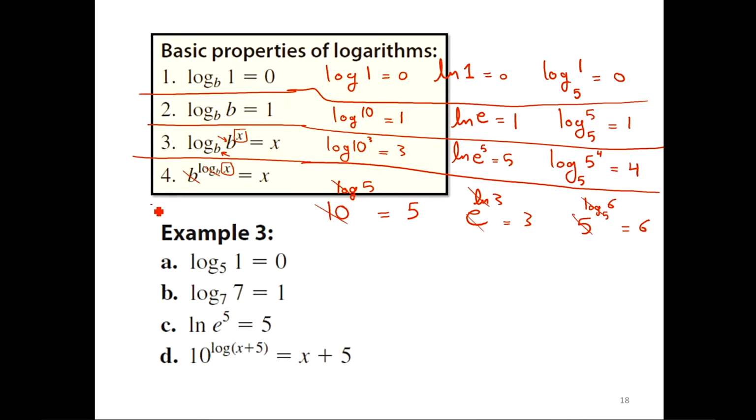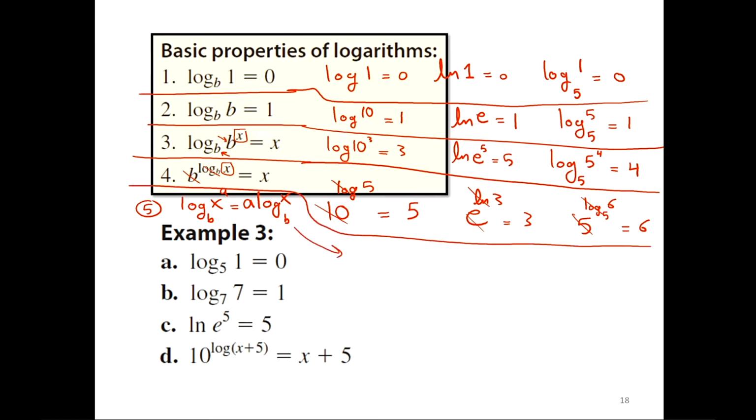Also we have number 5, logarithm base a of x to the power a. We can put the exponent outside the logarithm of x to base b. If we have an exponent, we can put it outside the logarithm.